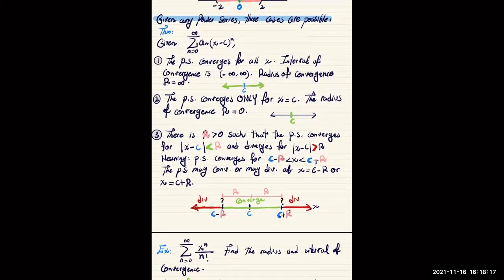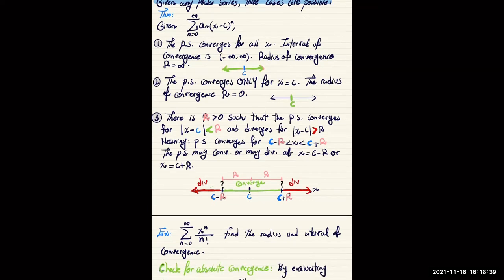Yeah, and we have three scenarios for a power series. A power series can converge for all x. That's case one. We say the interval of convergence is all reals. The radius is also all reals, meaning that no matter what you plug in for x, it's going to converge.